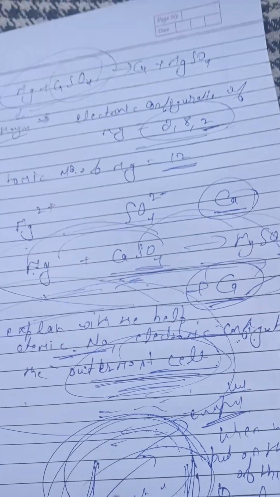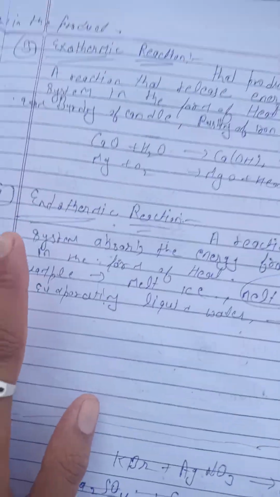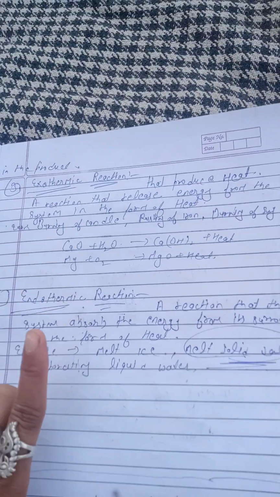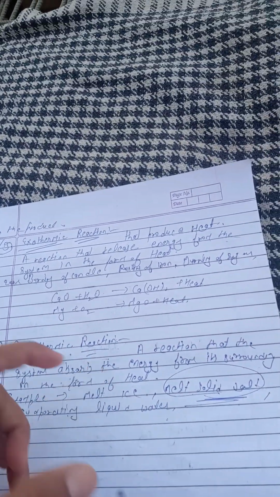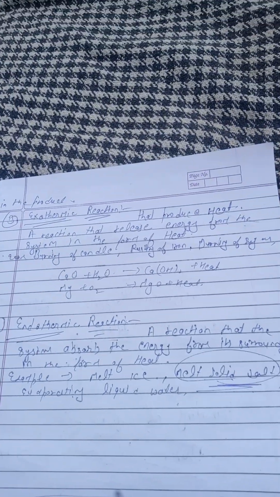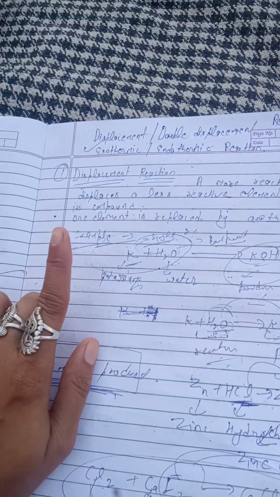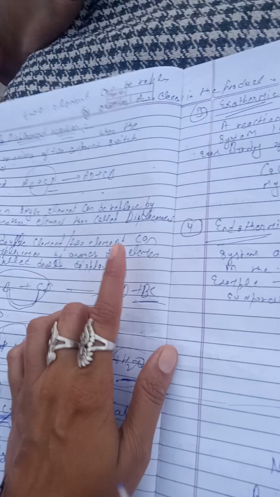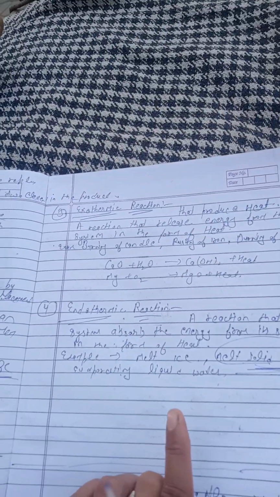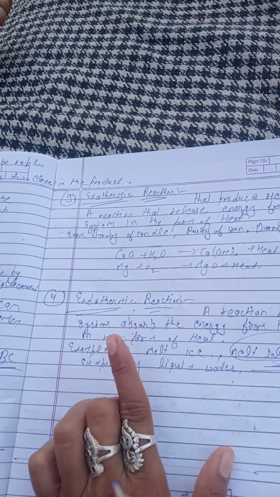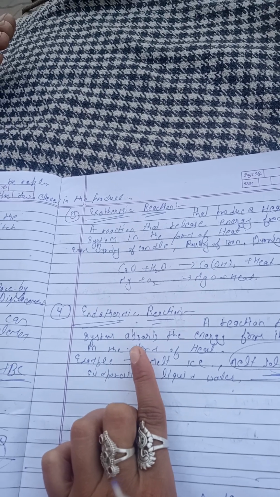This is called the endothermic reaction. In the exothermic reaction heat is released, and in the endothermic reaction heat is absorbed by the container. So first we discussed the displacement reaction, secondly the double displacement reaction, third the exothermic reaction, and then the endothermic reaction.